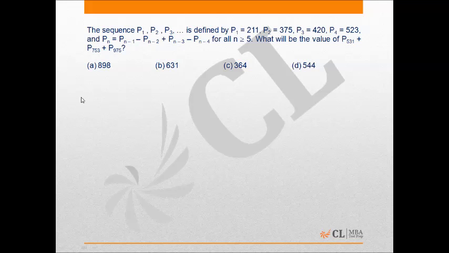Now, let us first find the value of P5 by substituting n equals 5 in the expression. So that is equal to P4 minus P3 plus P2 minus P1.